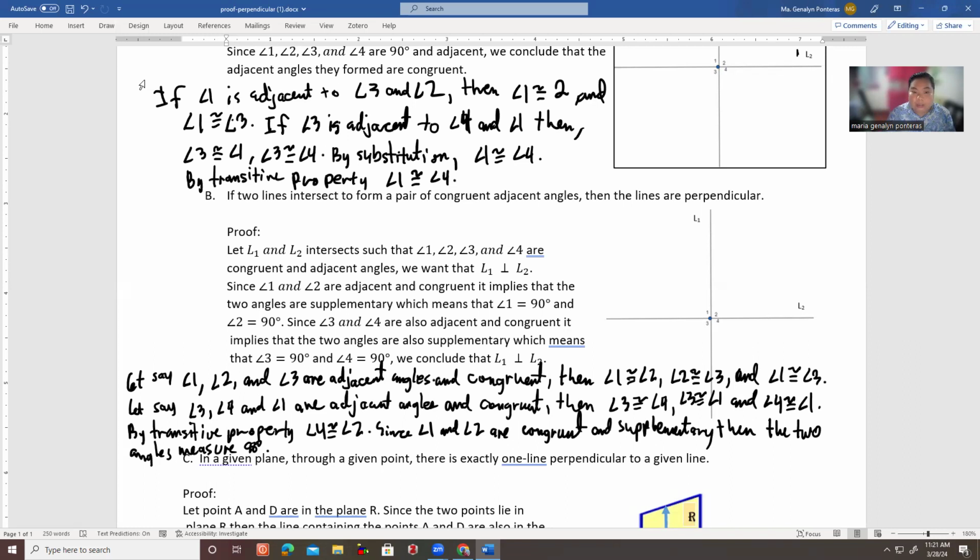Then the two angles measure 90 degrees. So if they were 90 degrees, they were what? Perpendicular.